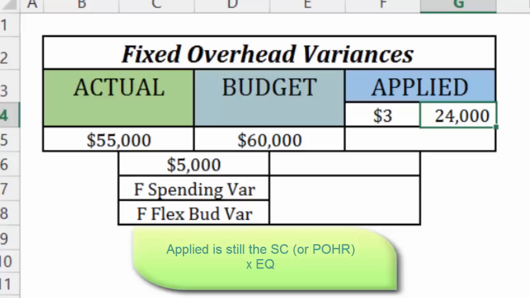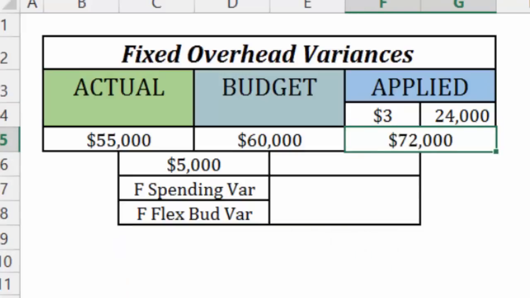This is not going to show up on that overall budget anywhere, but if we applied things on the basis of $3 per direct labor hour, then when we put 12,000 suits into production, we would have expected to apply $72,000 of fixed overhead. So when I take the difference between our budget and the applied, we have over-applied fixed overhead by $12,000.